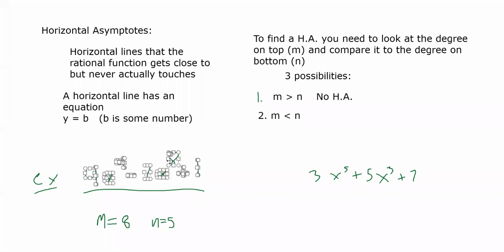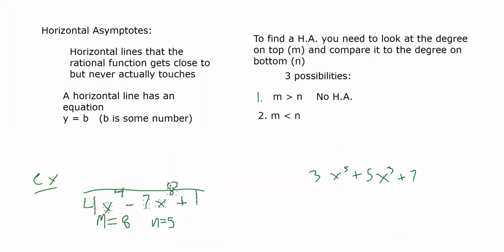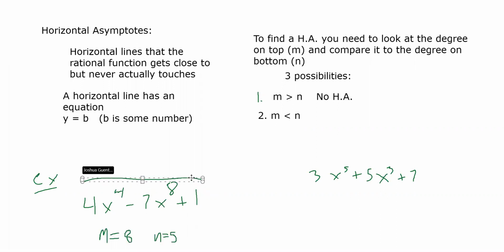The first shall be last, the last shall be first. Let me give myself a little more room. And suddenly now the degree on bottom is going to be higher than the degree on top, like this.